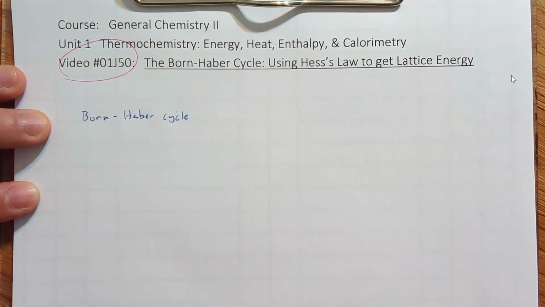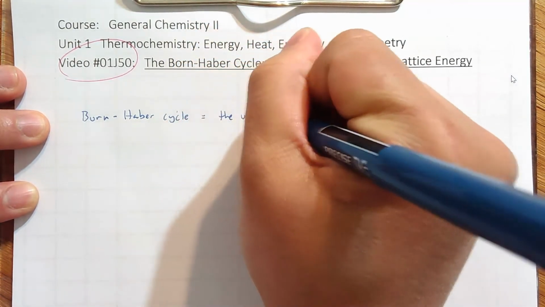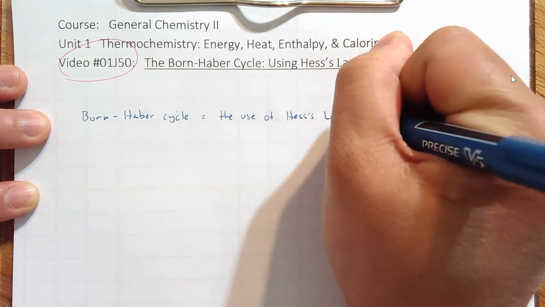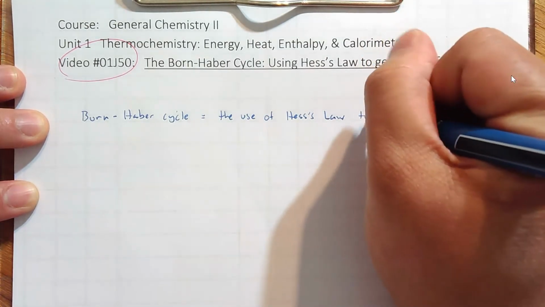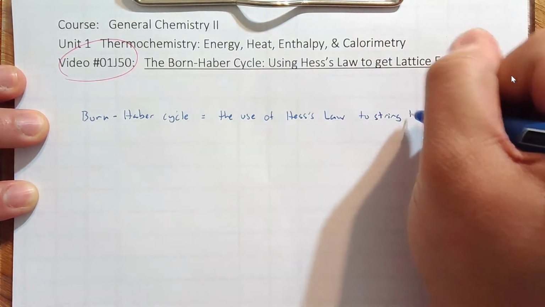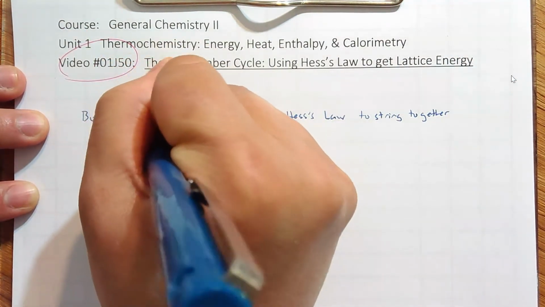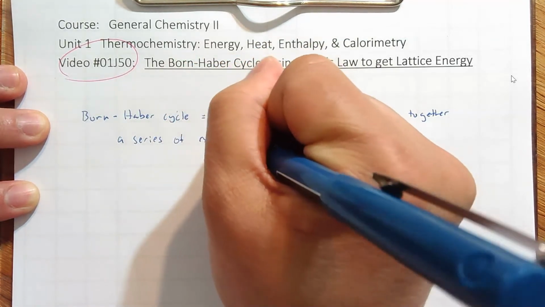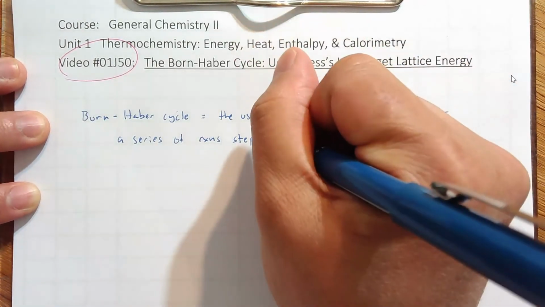It's the use of Hess's law to string together a series of reaction steps to calculate the lattice energy of an ionic solid.